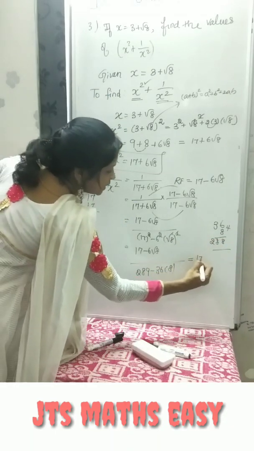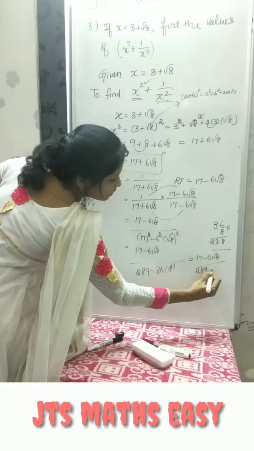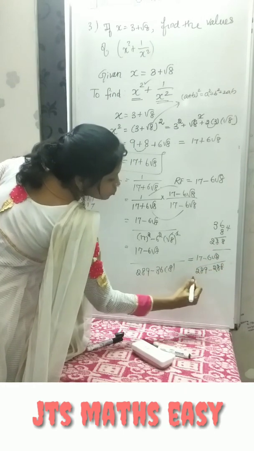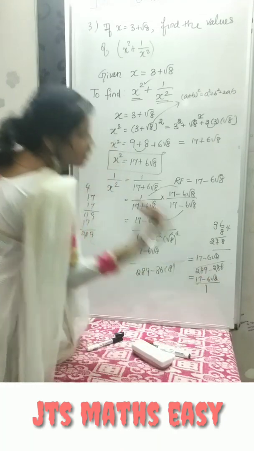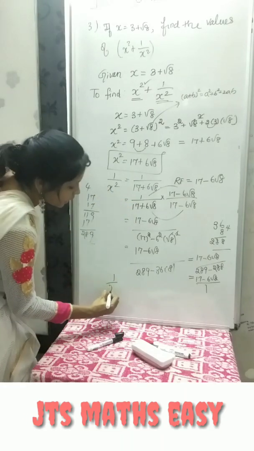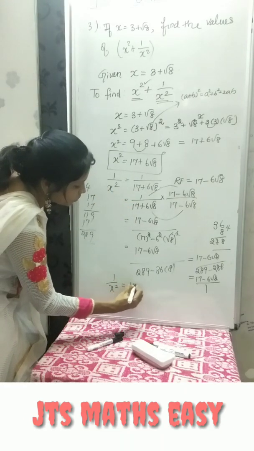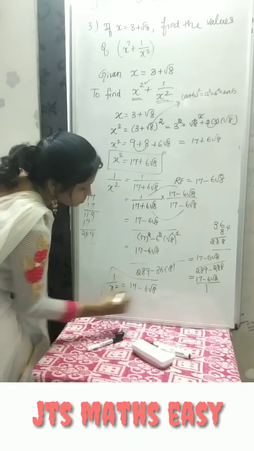So we have 17 minus 6 root 8 divided by 289 minus 288. The difference is 1, so divided by 1. So this is your 1 by x square value. You have reached 17 minus 6 root 8.